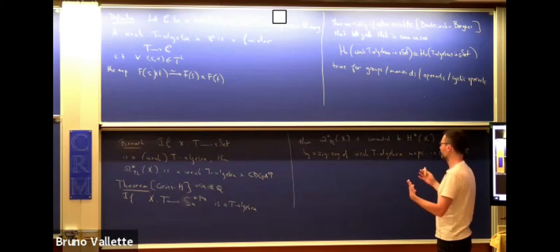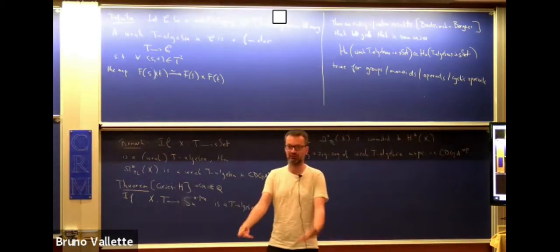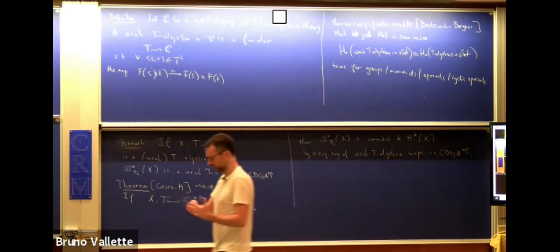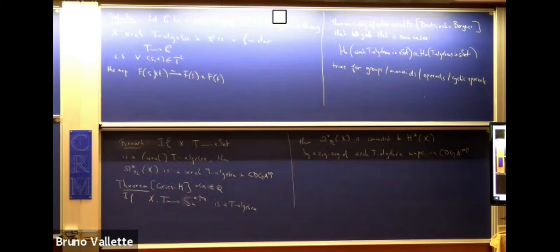But in fact, being a weak T algebra is just a property of a functor from T to some target category, and it's a property which is stable under weak equivalences. So since each step in the zigzag is weakly equivalent to the other, each of the maps will be a map of weak T algebras.